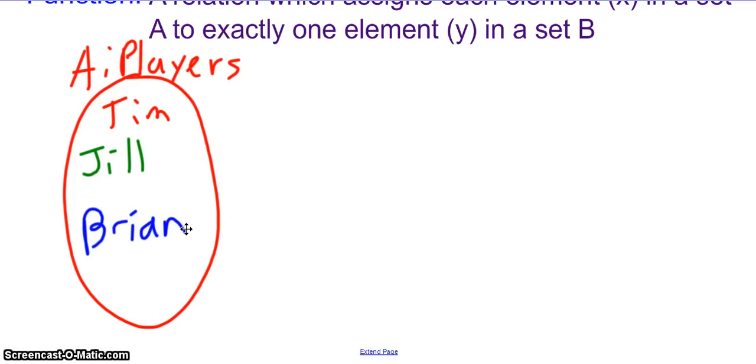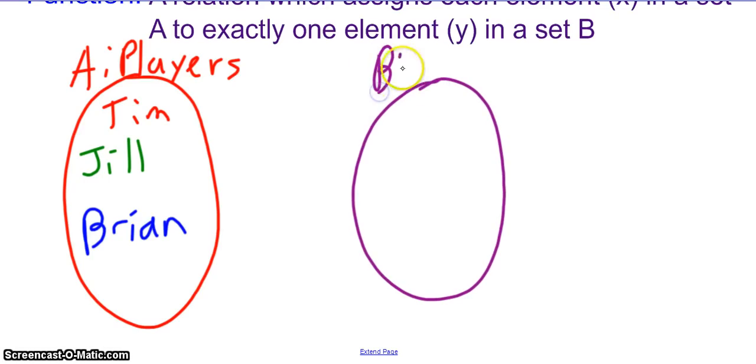Brian's a great name, so we're going to use that one. And then over here, this will be set B, and this will be the number of goals. Let's say this is number of goals in a game. Again, this is just an example. So you could have 0, 1, 2, 3, 4, and so on.